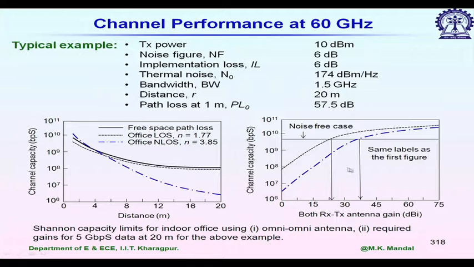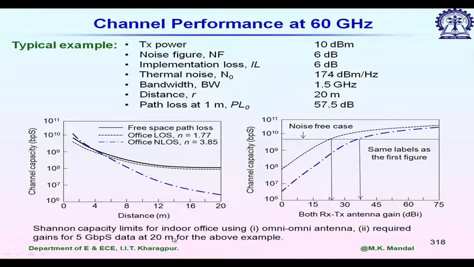If we have higher n, then SNR decreases, and as a result the channel capacity also decreases. Now, we are considering another scenario. Here we are plotting theoretical channel capacity versus antenna gain. What is the minimum antenna gain required to maintain a given channel capacity of 5 Gbps? 5 Gbps is my target. For that we need to maintain a typical SNR value, and we consider the separation between the transmit and receive antennas to be 20 meter.